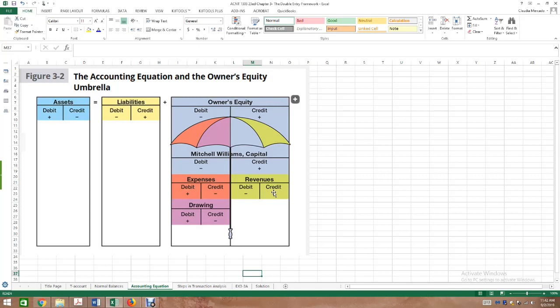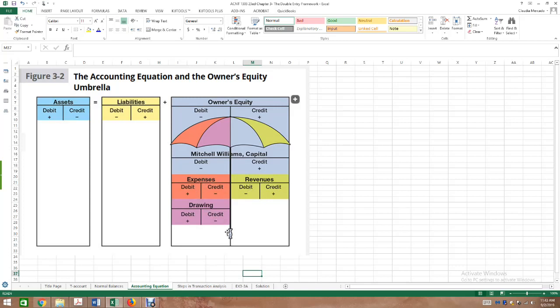Once in a while, maybe the customer paid you the wrong amount. You have to make an adjustment because you need to refund them because they overpaid or whatever the case might be. Once in a million, you're going to debit the account. But 99% of the time, when you have a revenue account, it's going to be a credit. When you have an expense account, it's going to be a debit.